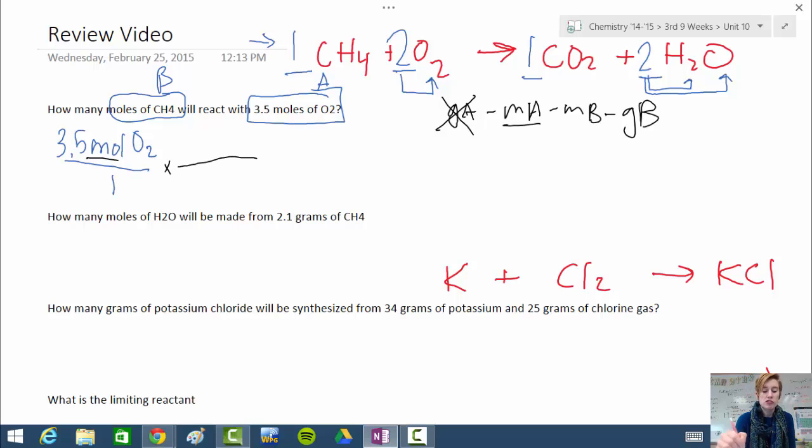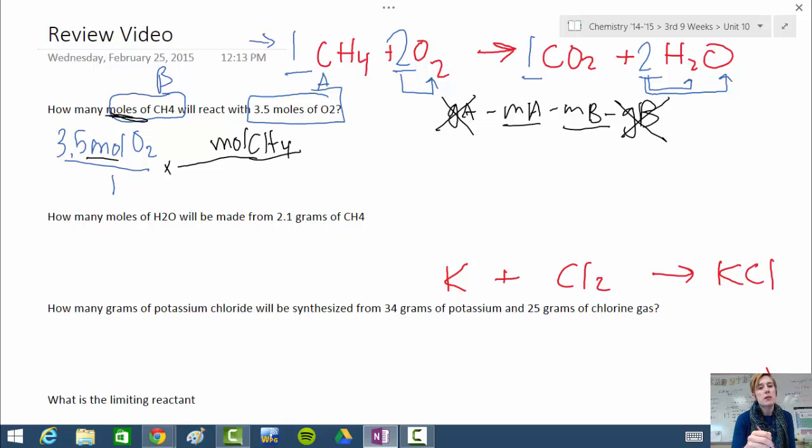And what comes after moles of A? Moles of B, so I put moles of B here, B being CH4. Then I would go to grams of B, except it's not asking for me to go there. It's just asking for moles of B, so I stop. I'm really just doing a mole-to-mole problem.